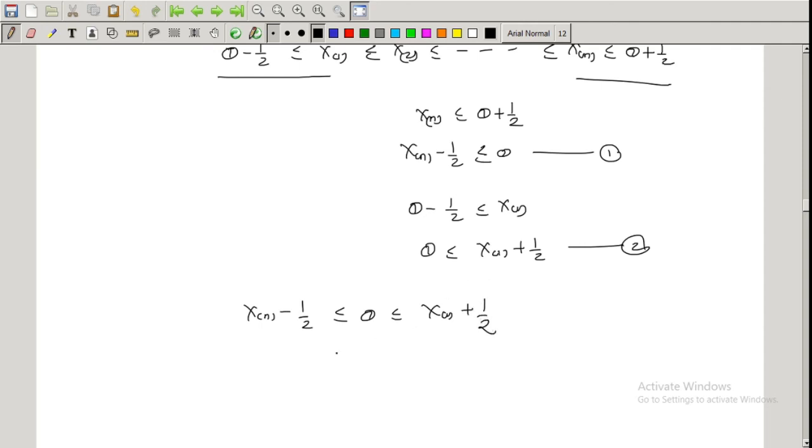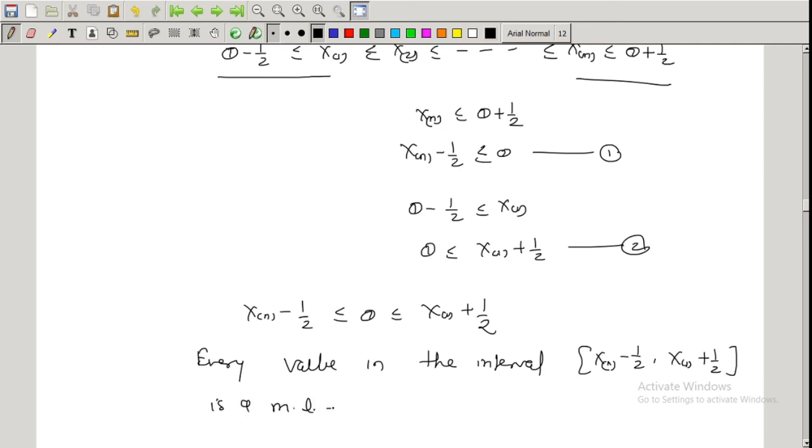So any value, or we can say every value, in the interval x order n minus 1 by 2 comma x order 1 plus 1 by 2 is a maximum likelihood estimator of theta.